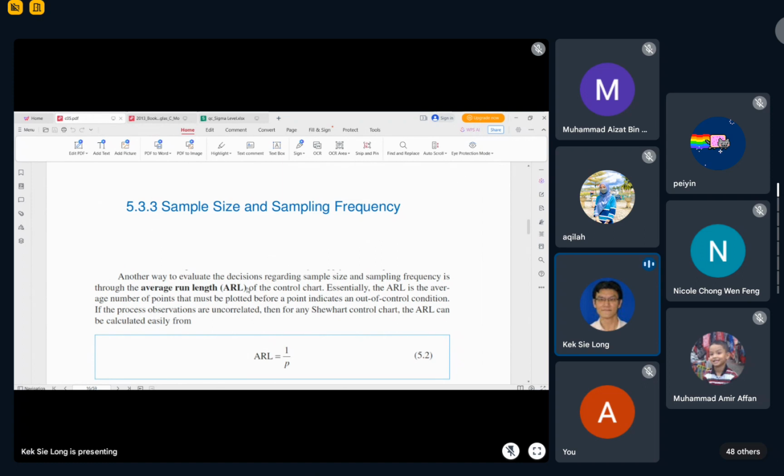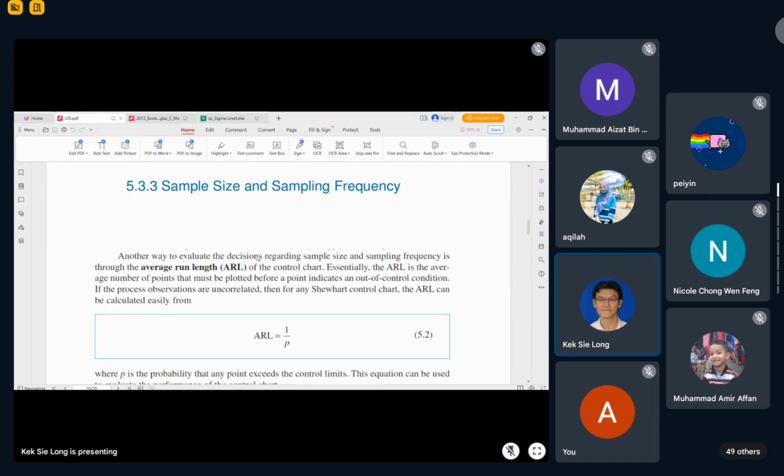In first year you have taken this subject, right? So after learning sampling theory, point estimates and hypothesis testing, now we will apply the basic knowledge of sampling we learned to quality control. So first we start from sample size.